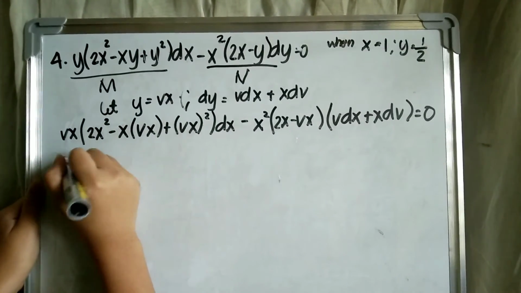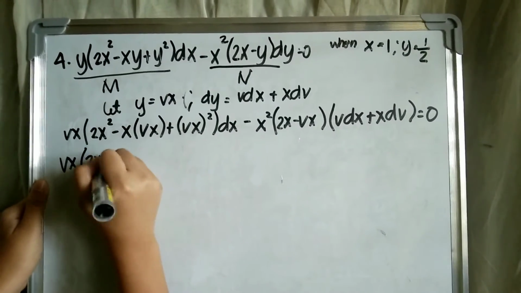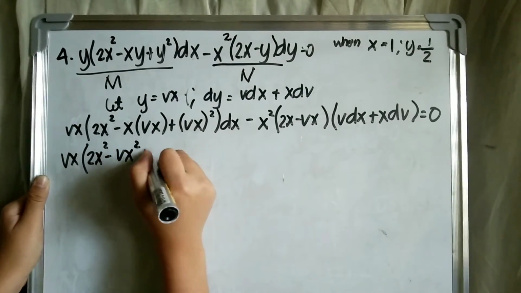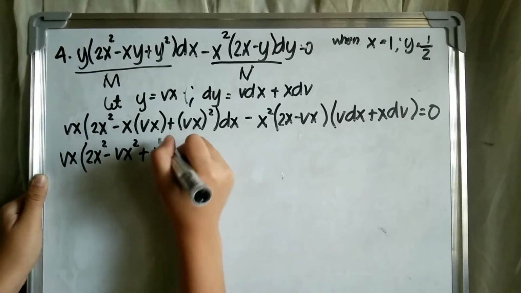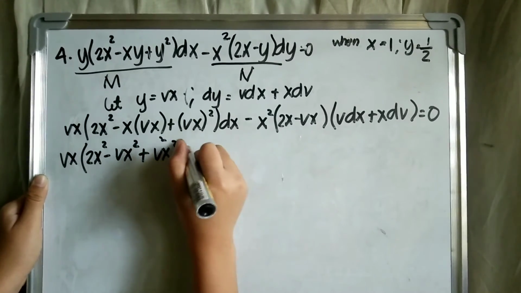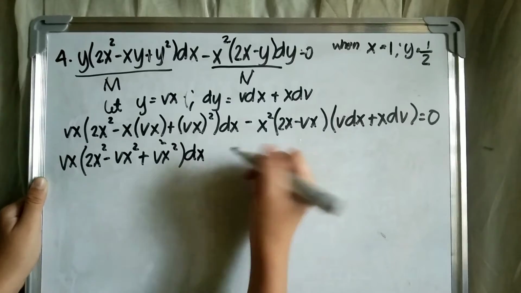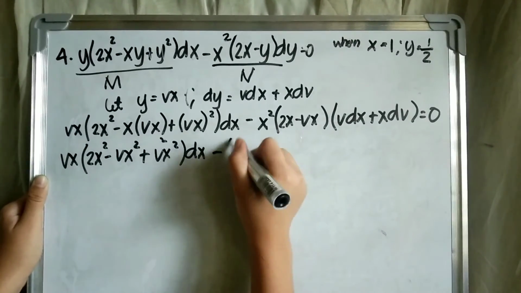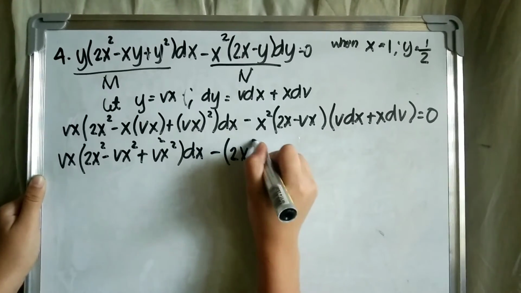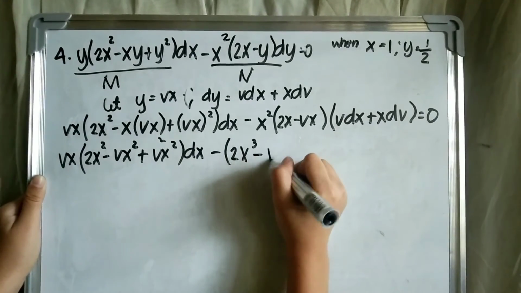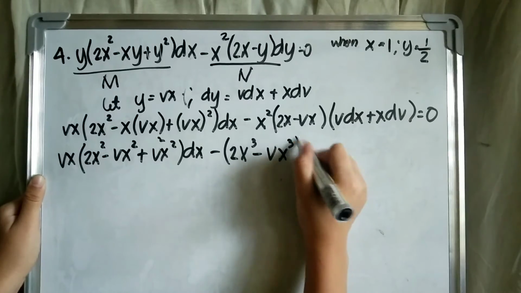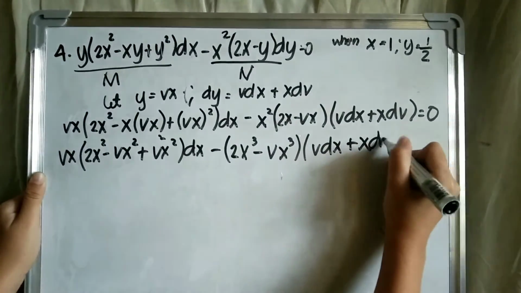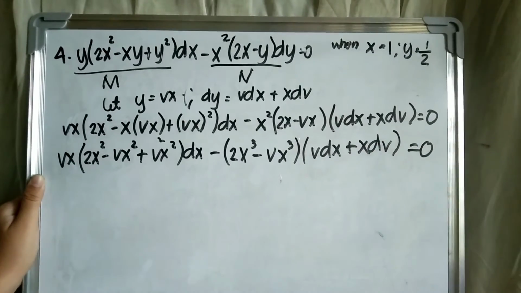Simplify v of x. This becomes (2x squared v x squared plus v squared x squared) dx minus, this will become (2x cubed minus v x cubed) times (v dx plus x dv) is equal to 0.